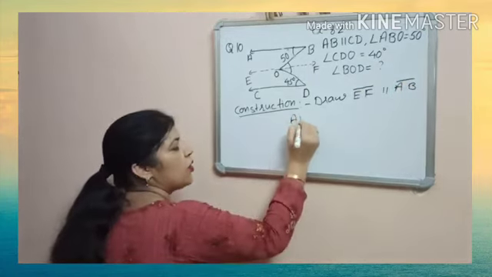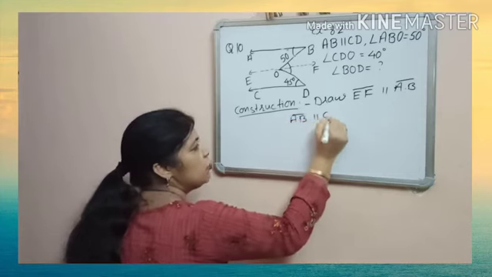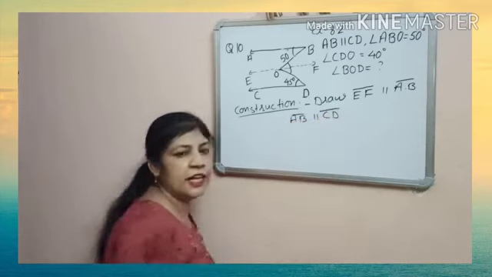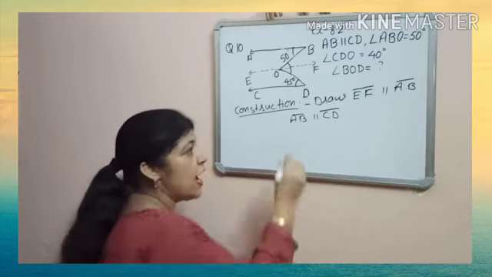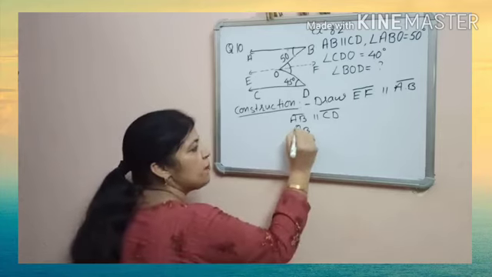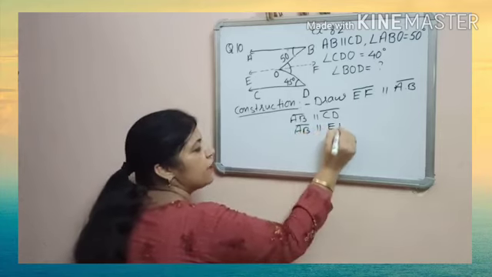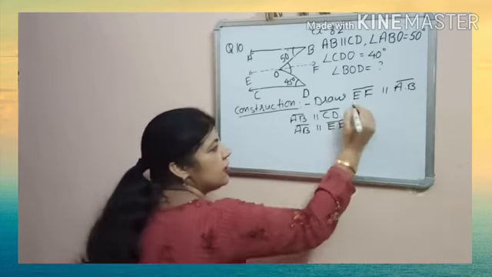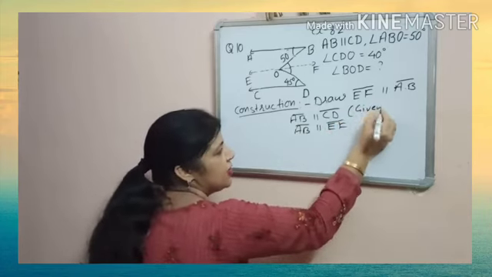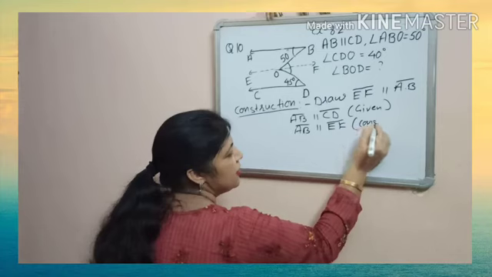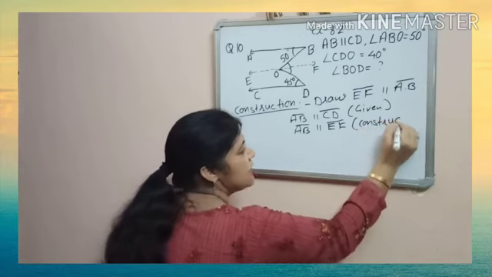Now AB is parallel to CD, that is given to you, and AB is also parallel to EF by construction. This is given and this is by construction.